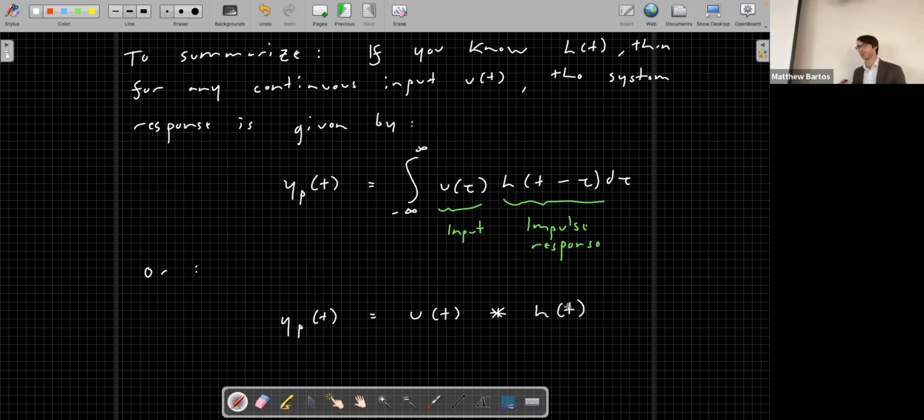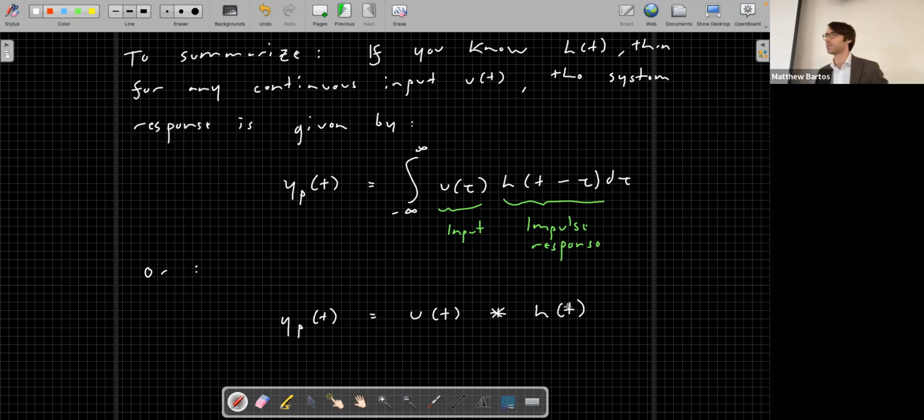And remember, this is only the particular solution. In order to find the complete solution, you have to add this to the homogeneous solution. So know that for the homework. Are there any questions before I move on?